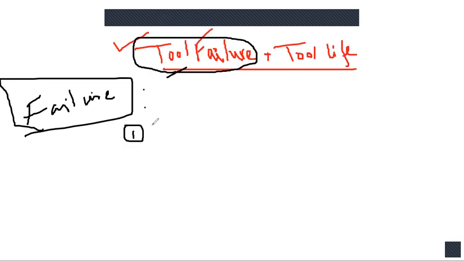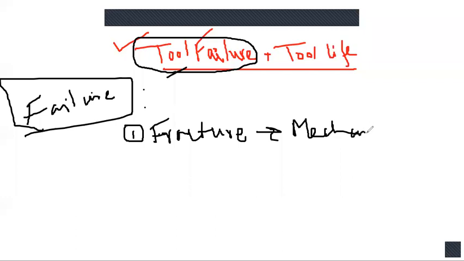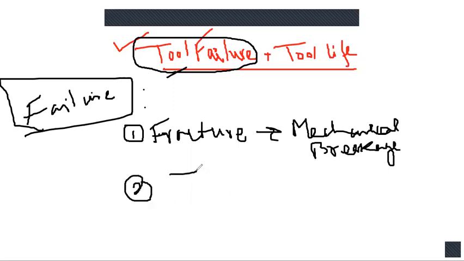First one is fracture. Fracture, that means mechanical breakage. Second one is temperature failure.